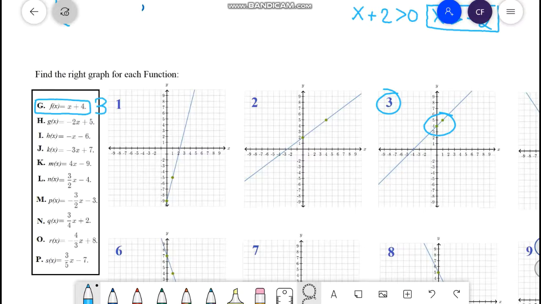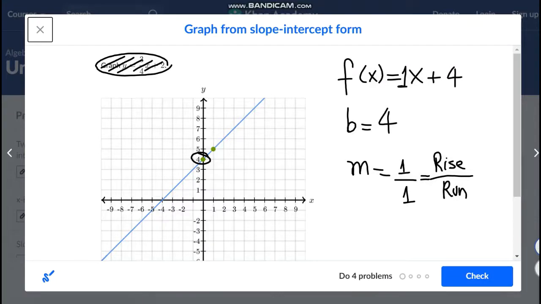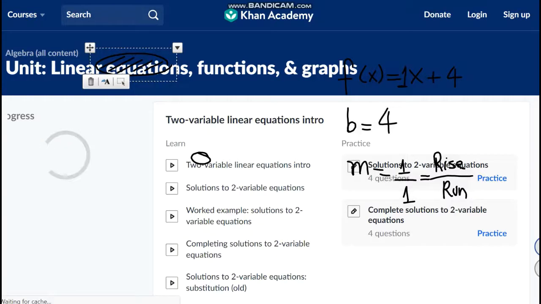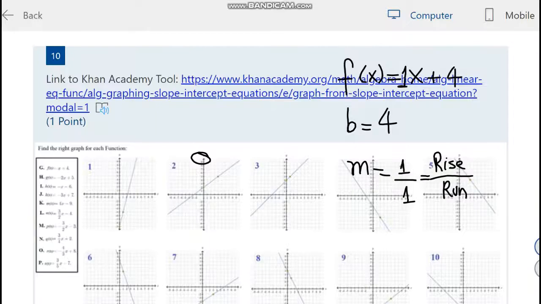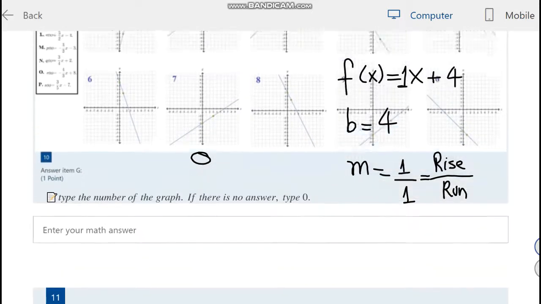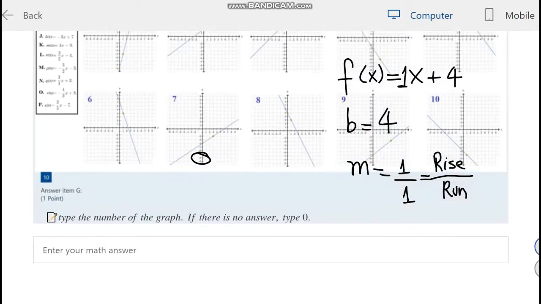But be careful, because there are some graphs where the y-intercept is the same, but the slope is not the same. So if you find something like that, instead of the number, you type 0. That means there is no answer, no graph.